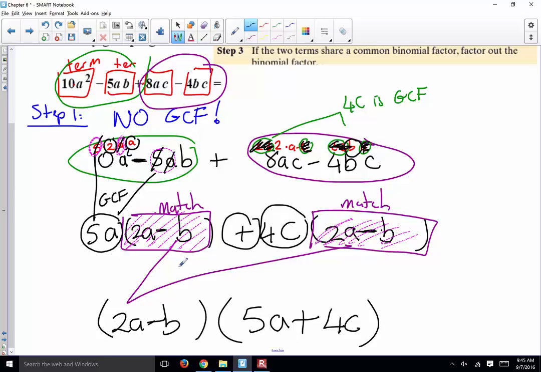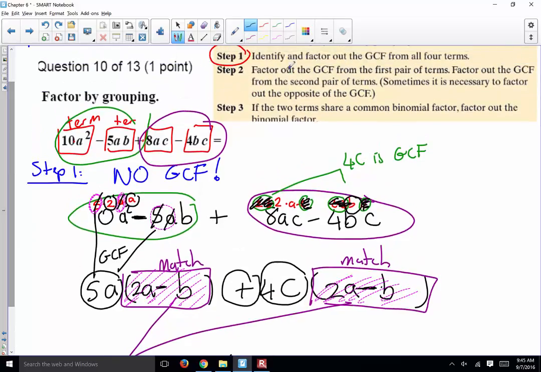Okay? Again, step 1 was finding GCF. We couldn't find anything. Step 2 is we did group first two terms together. First pair of terms, we found a GCF from them. We factored out that GCF from this pair of terms. And then we did it for the second half as well.